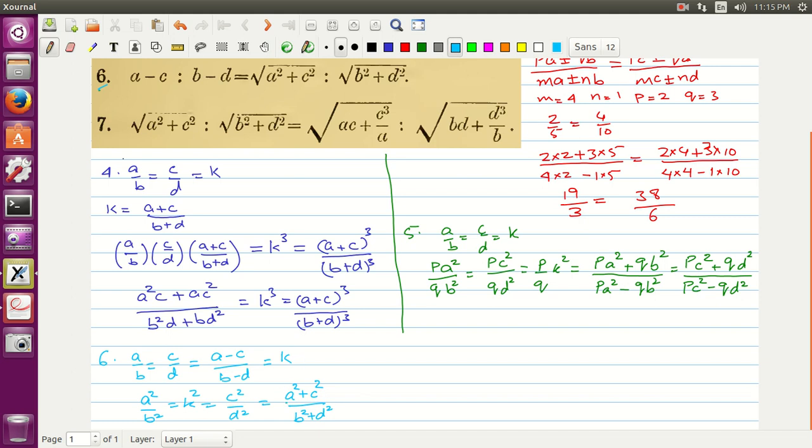The value of k will be just the square root of this expression, which is A square plus C square by B square plus D square. Okay, so this is problem number 6.